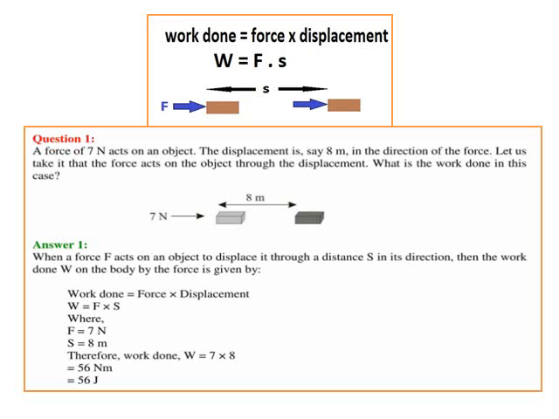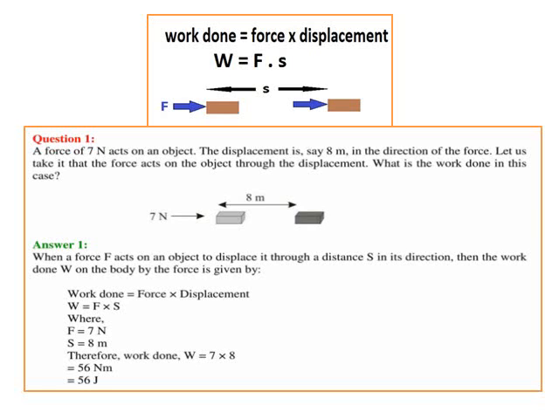Therefore, apply the formula. W is equal to F into S. So F is 7 and S is 8. So multiply both of them, 7 eights are 56. Now we come to an important aspect here, the unit. What is the unit of work done? From the formula, F into S, F has a unit Newton, and S has a unit meter.